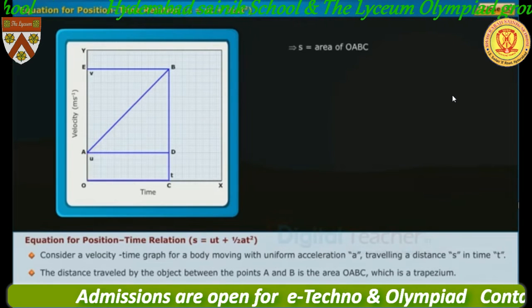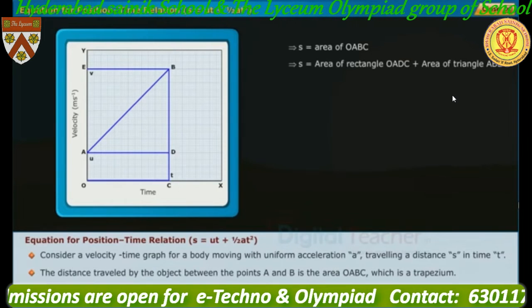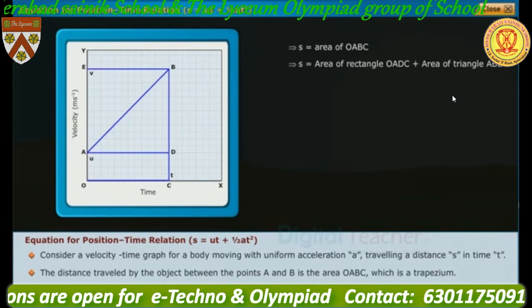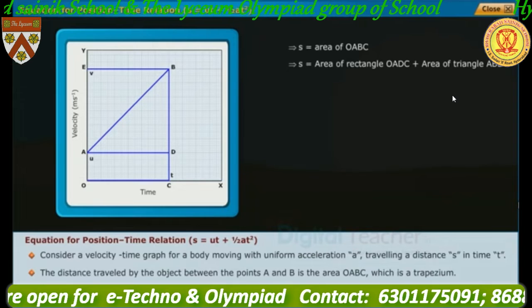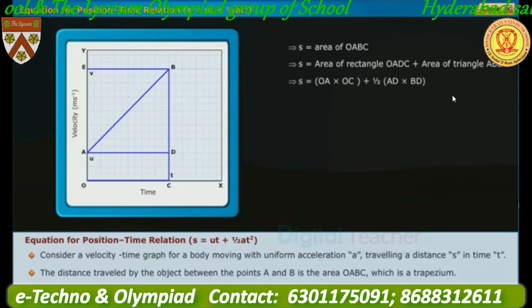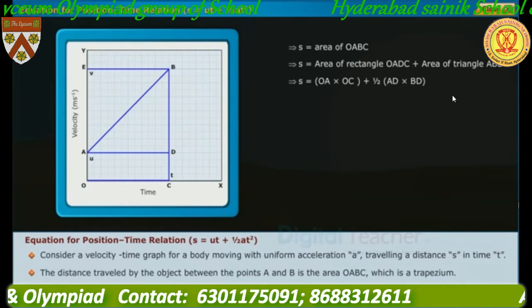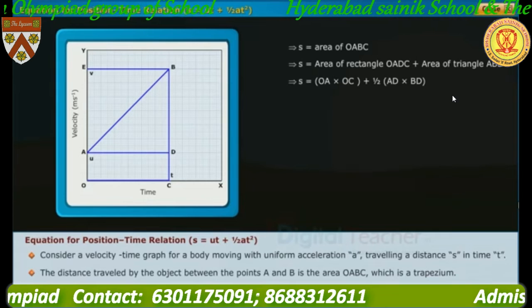That implies S equals area of OABC, which equals area of rectangle OADC plus area of triangle ABD. That implies S equals OA into OC plus half into AD into BD.